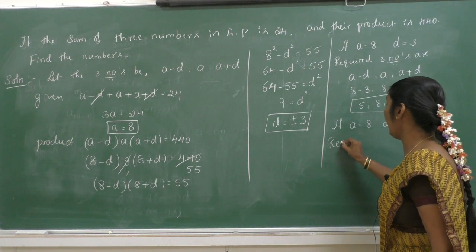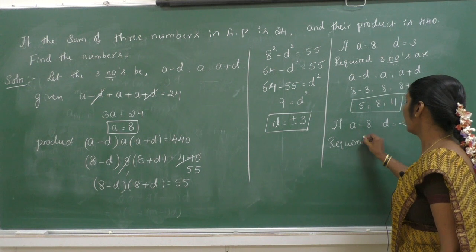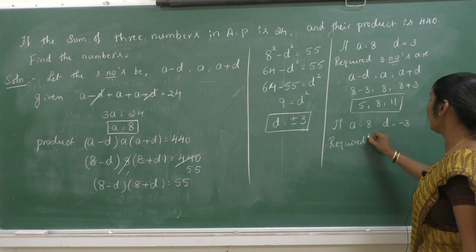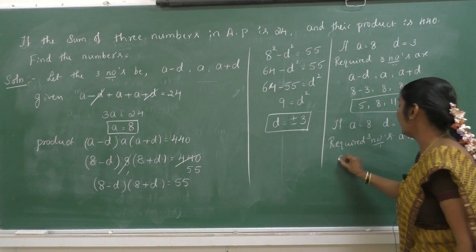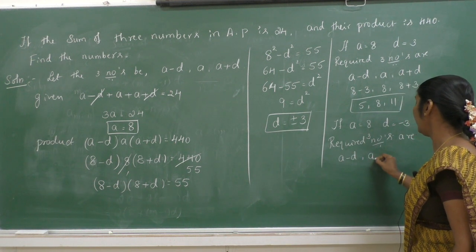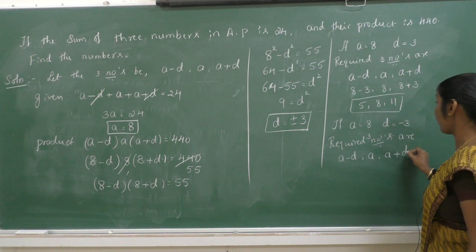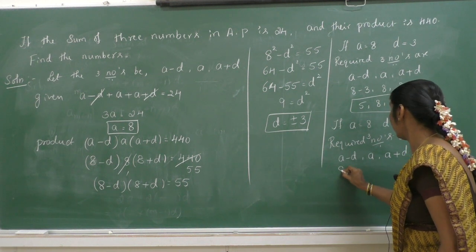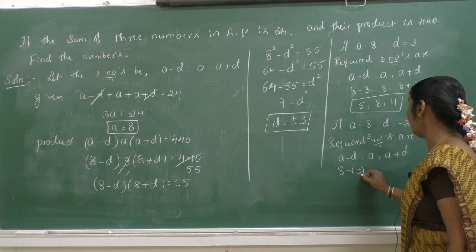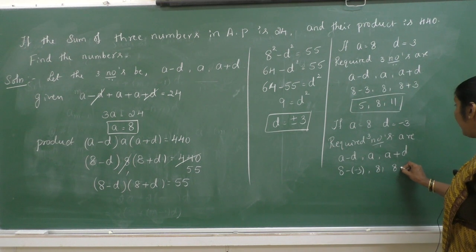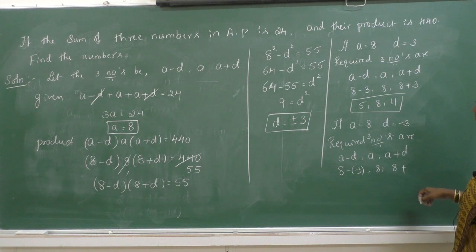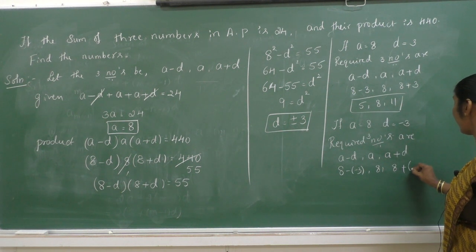Another condition, if a is equal to 8 and d is equal to minus 3, required 3 numbers are a minus d, a, a plus d. So we get 8 minus of minus 3, 8, 8 plus minus 3.